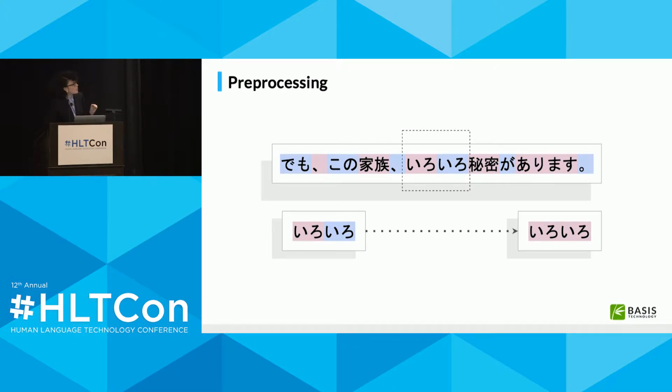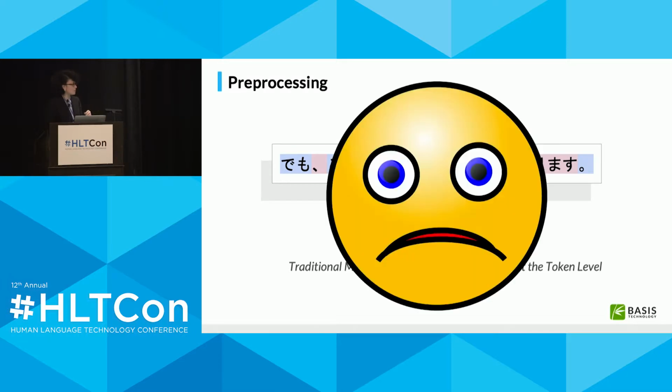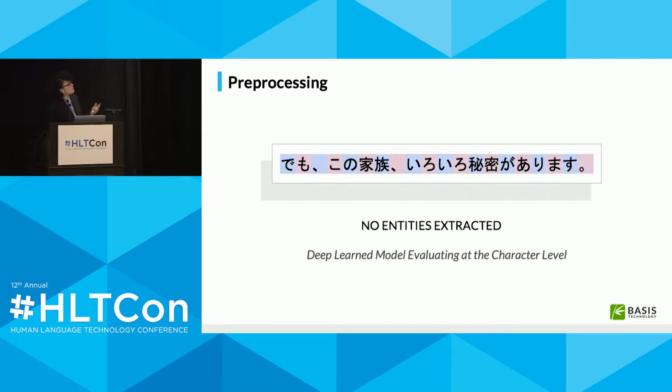However, you can see that we've mistakenly tokenized this word into 2 tokens. It should just be 1. And then we've gone and done named entity recognition over this pre-tokenized sentence, and unfortunately identified this falsely tokenized word as a person entity. And this is very sad.